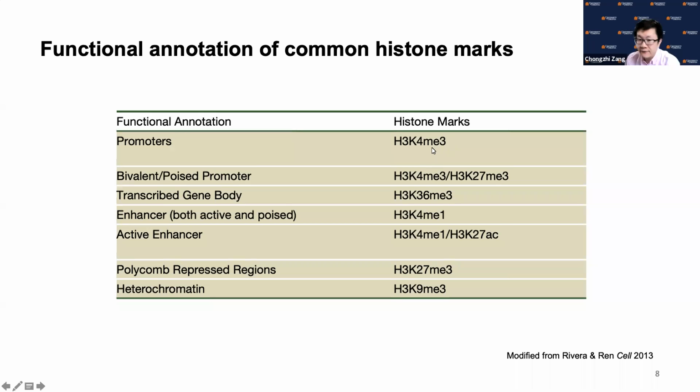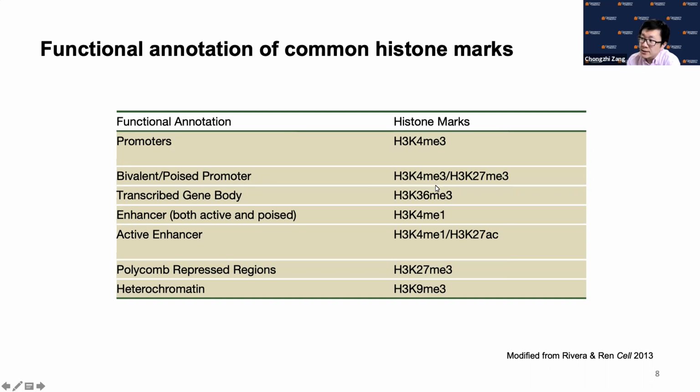In fact, H3K4 trimethylation can mark both poised and active promoters. There is an interesting histone modification combination, the so-called bivalent domain, meaning that some histones can be marked by both H3K4 trimethylation and H3K27 trimethylation. They can mark the so-called bivalent or poised promoters.